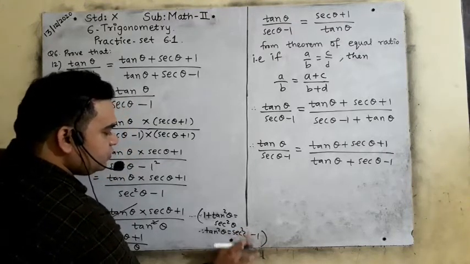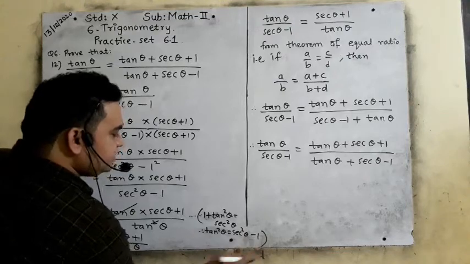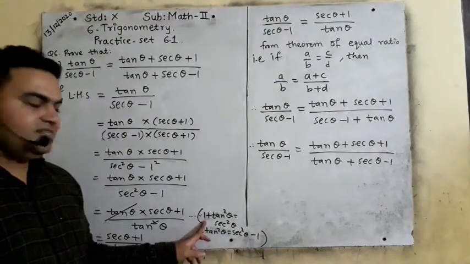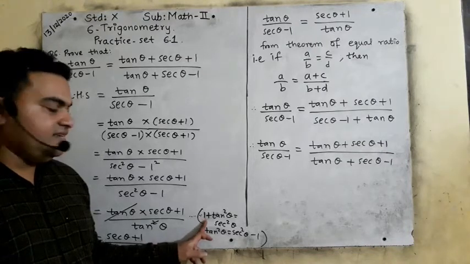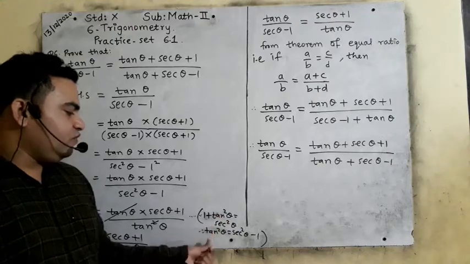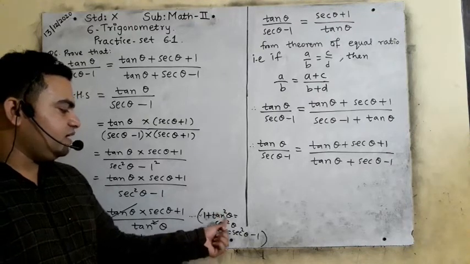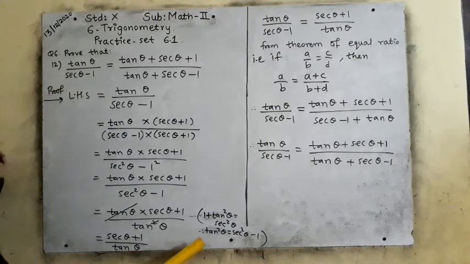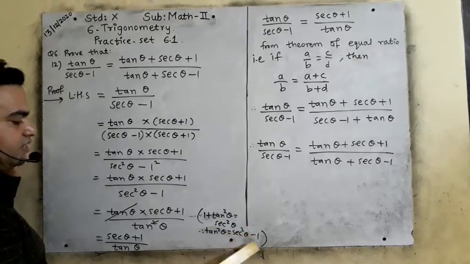Okay, I hope you understood here. We know that there is a trigonometry identity, that is 1 plus tan square theta is equal to sec square theta. So therefore we will write tan square theta is equal to sec square theta. 1 will go to the right hand side, it will become minus 1. So it will be tan square theta is equal to sec square theta minus 1.